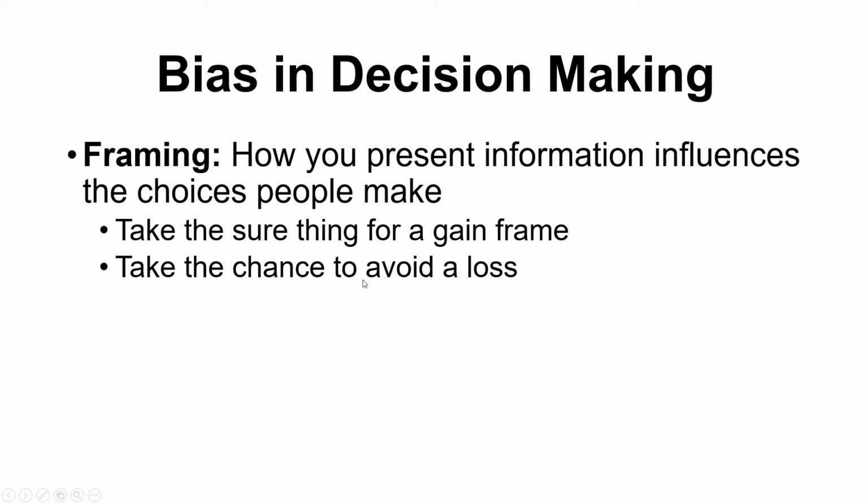So the framing of a situation, even if the outcome is the same, if it's framed as a gain or a loss, we will change our decision based on that framing. There is a subjective difference that can be elicited from how we frame a scenario.